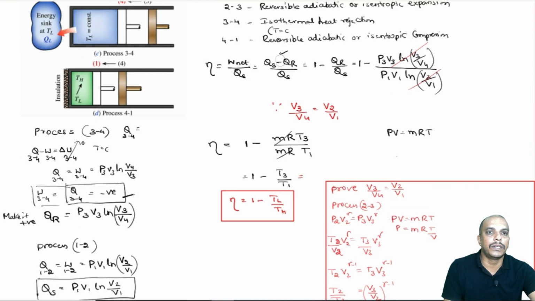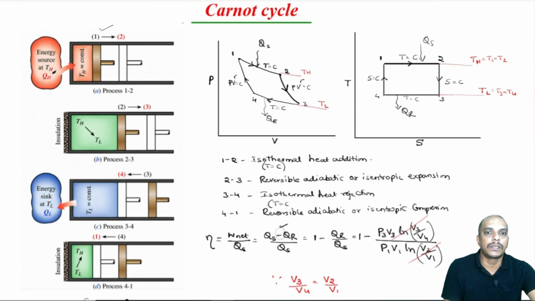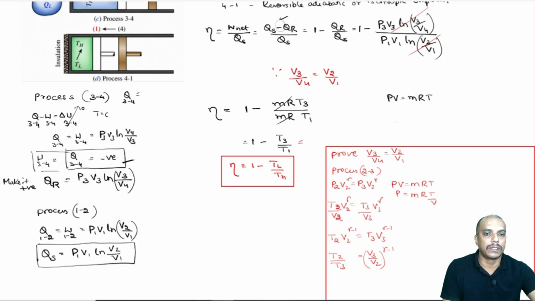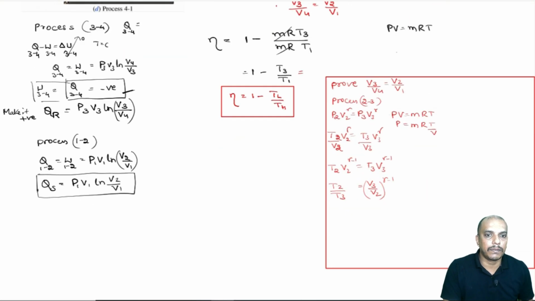And remember what is T2 and T3? T2 is TH, so this will be TH by TL. Now I will send this to the other side, 1 by gamma minus 1. So V3 by V2 we have got an expression TH by TL whole power 1 by gamma minus 1.